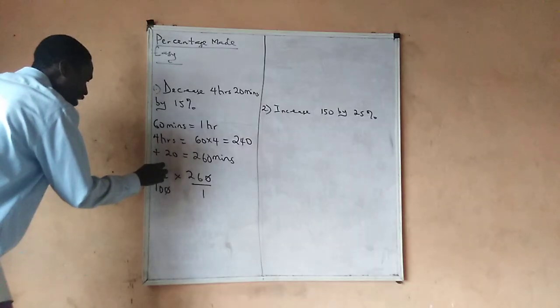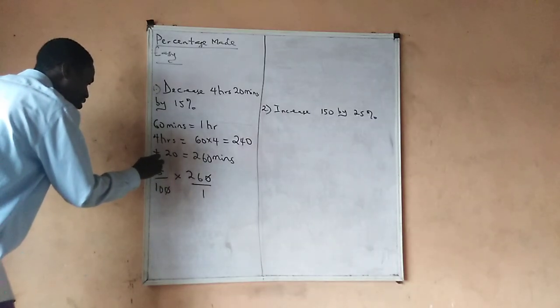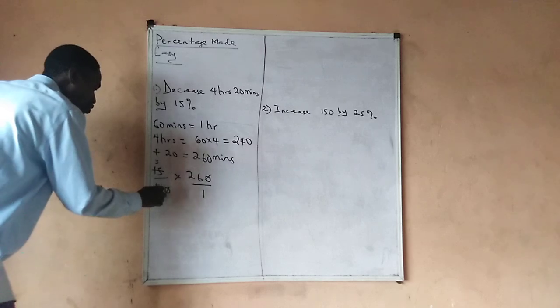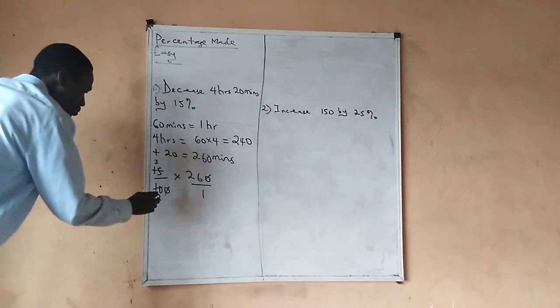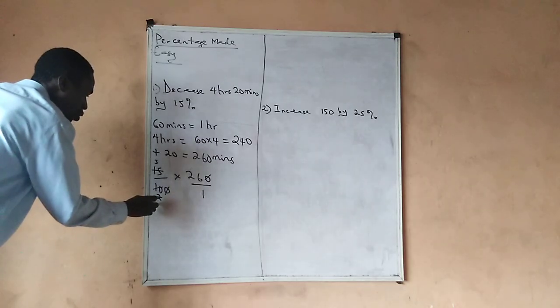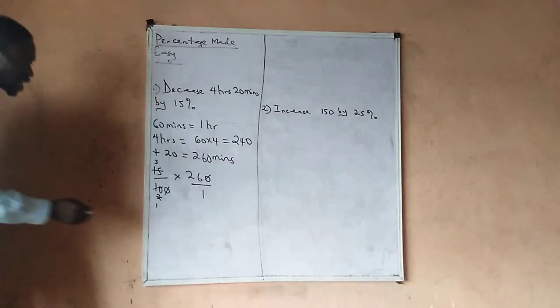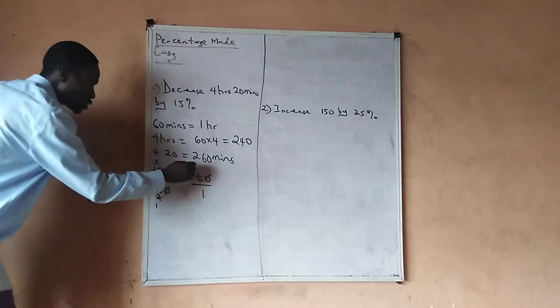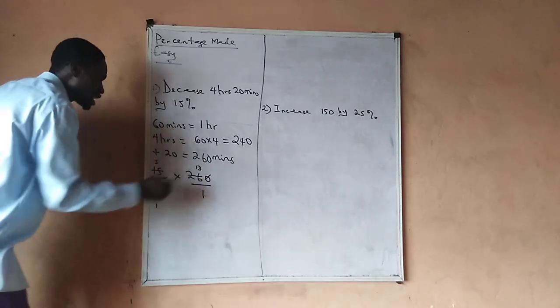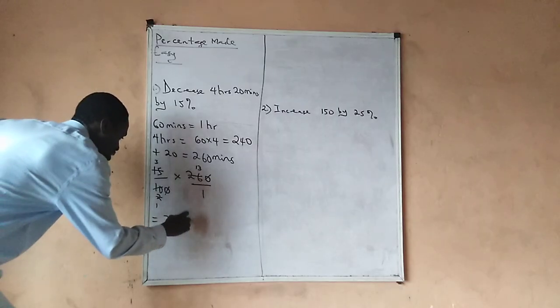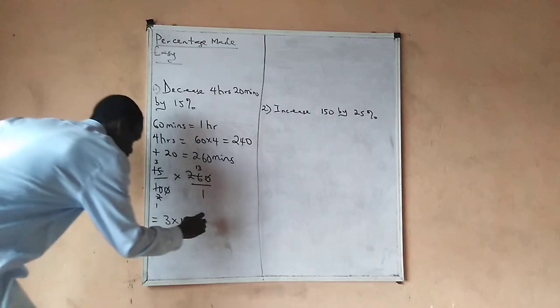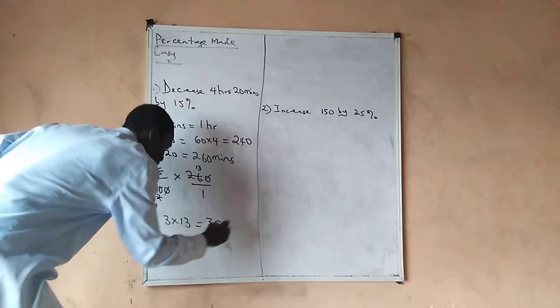Now we have 5 here, we'll go 3 times. 5 here will go 2 times. 2 here will go once, and 2 here will go 13 times. Now that's 3 times 13. That will give us 39.